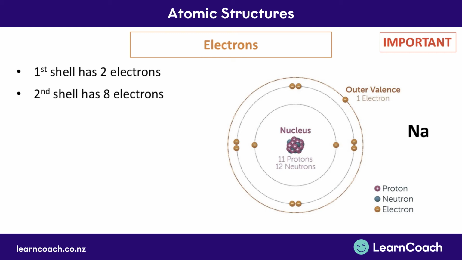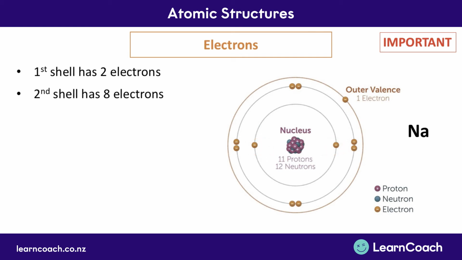It will have only 1 if it's hydrogen, because hydrogen only has 1 proton and therefore only has 1 electron. But for all the other atoms of different chemical elements, the first shell always has 2 electrons, and we can see these here and here in the sodium atom.